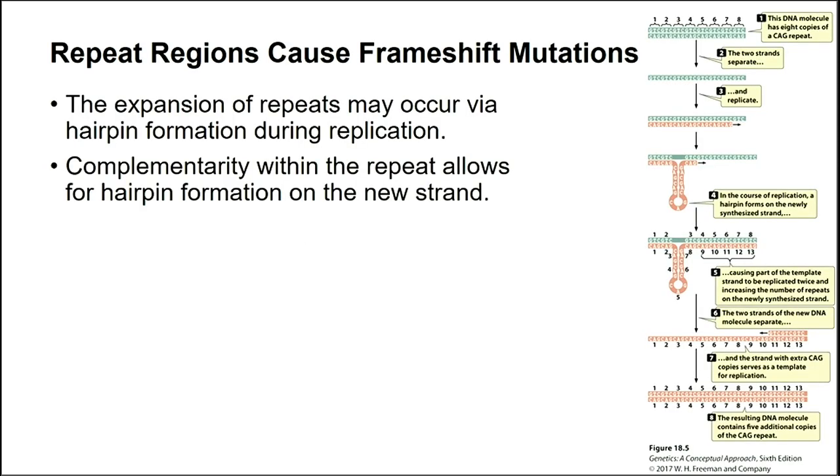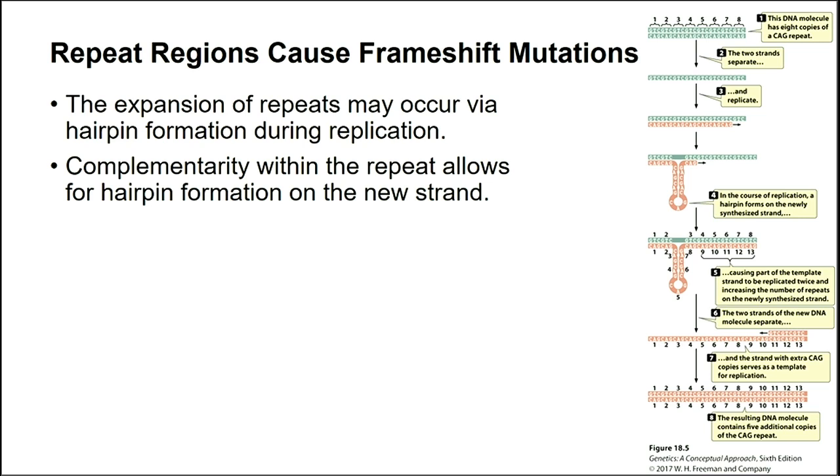So here we have an example of a repeat region causing a frame shift mutation. In this example, you see the two original DNA strands in gray, right? They are separated, and now we're just showing one of the original strands. The newly replicated strand is indicated in red, and you can see that in this newly replicated strand, there's a hairpin that forms.